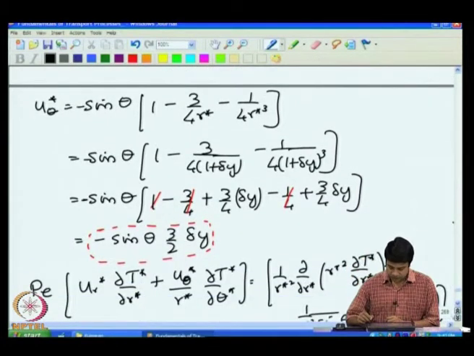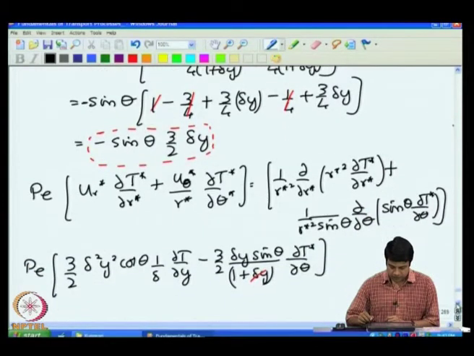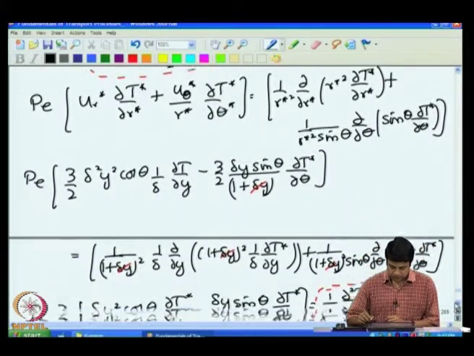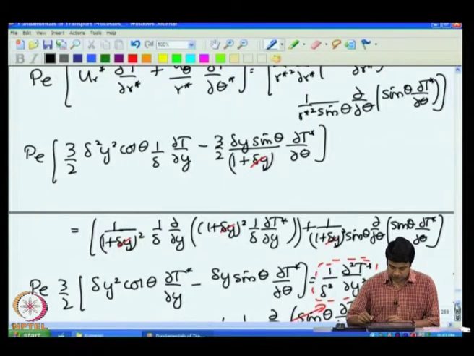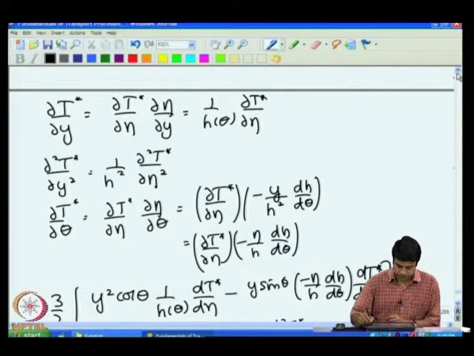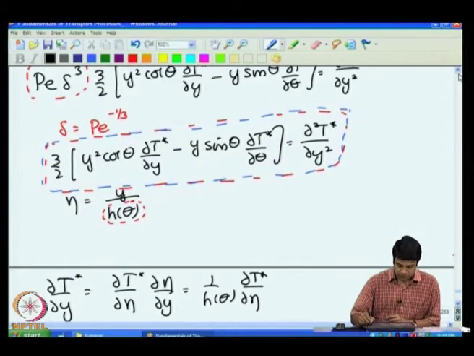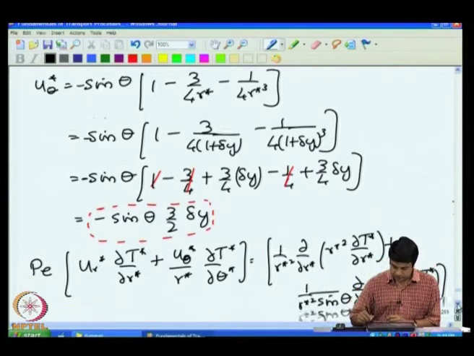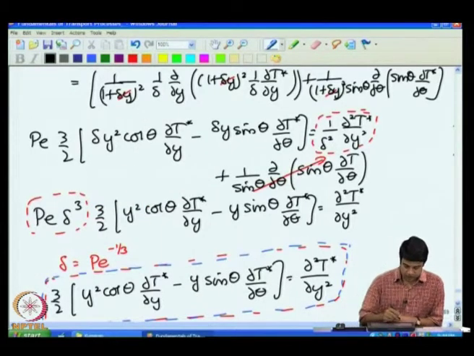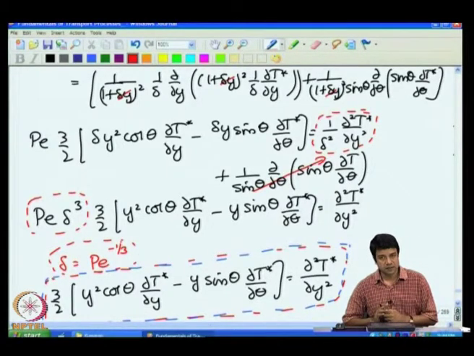We put this all into the equation for the temperature field, and from the requirement that convection and diffusion have to be of the same magnitude, we found that delta is equal to Pe power minus 1/3, similar to the scaling for the flow past a flat plate.